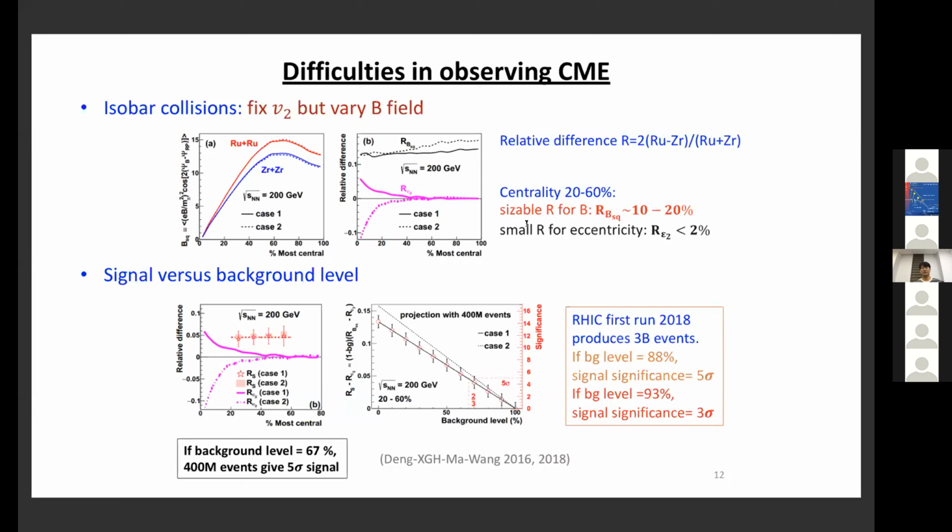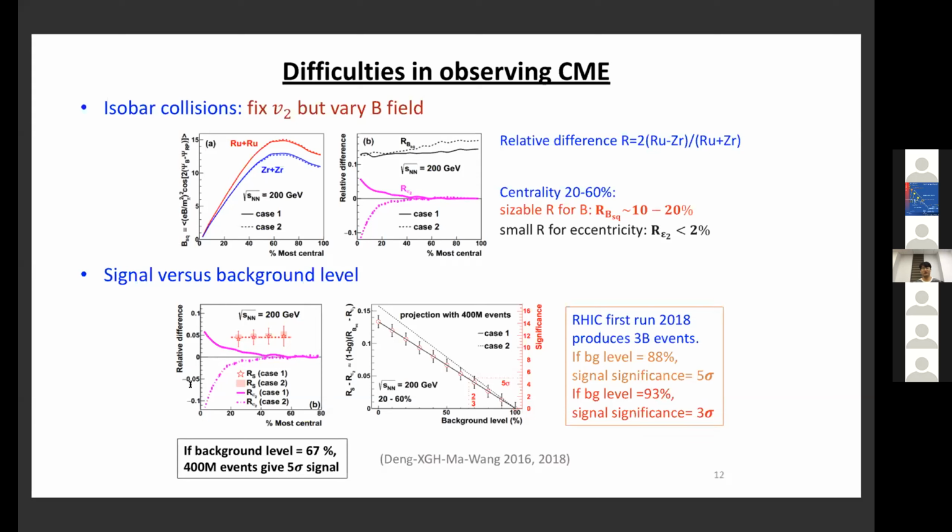Well, for the eccentricity difference or V2 difference, it could be very small if we focus on the centrality region of 20 to 60%. So from this information, we can extract the relative difference of the CME signal by using a two-component model of the signal and the background.